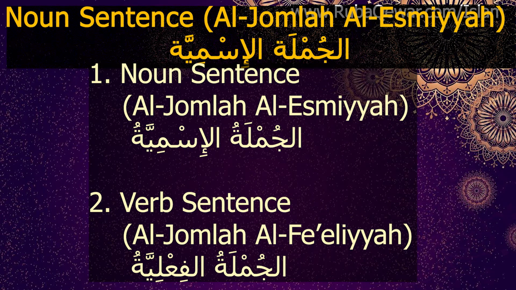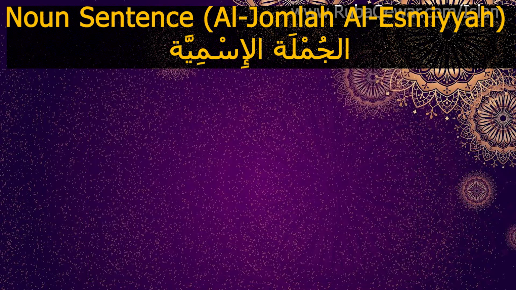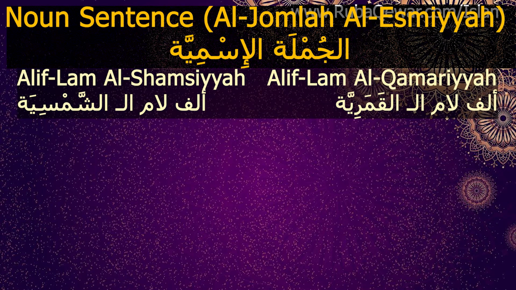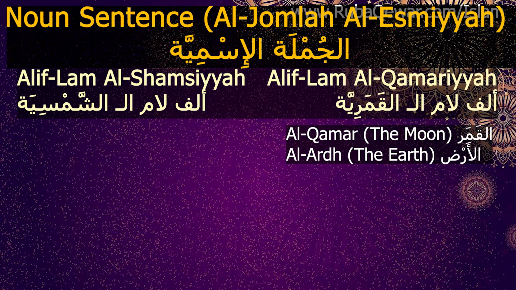Okay. Now, before I go to al-ismiya, there is something that I forgot to talk about. Which is alif lam al-shamsiyya and alif lam al-qamariyya. When I pronounce the al, it has to be clear. So, for example, al-qamar, al-ard, al-kitab.